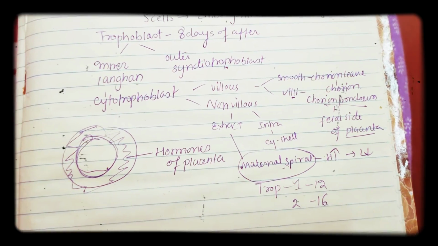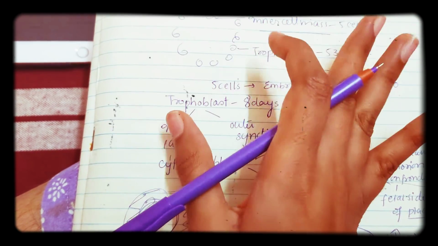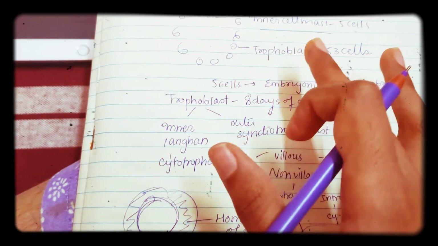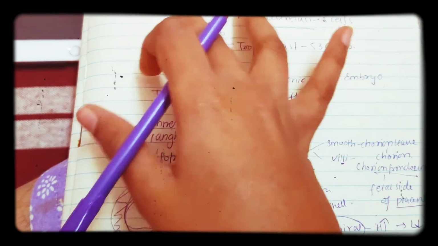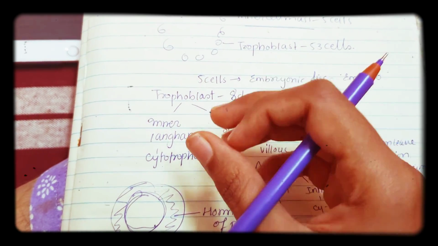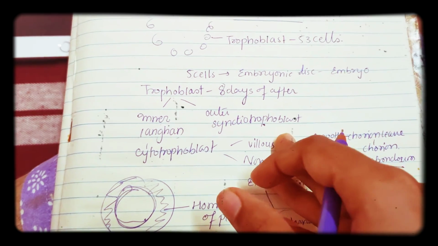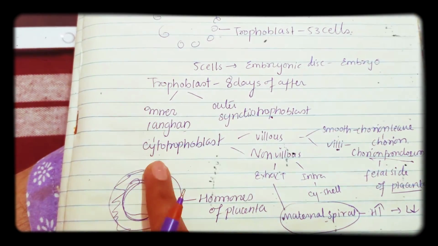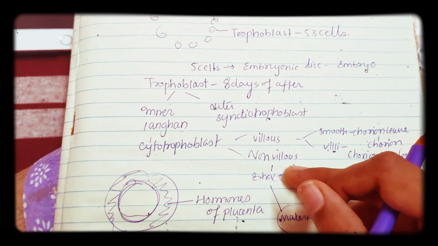Okay, so let us revise what is going on here. First, I said there is the inner cell mass having 5 cells, and the outer layer, the trophoblast, with 53 cells. This trophoblast is in turn divided into an inner cell layer called cytotrophoblast or Langhans cell, and an outer layer called syncytiotrophoblast. This inner layer cytotrophoblast is again divided into villus type and non-villus type.